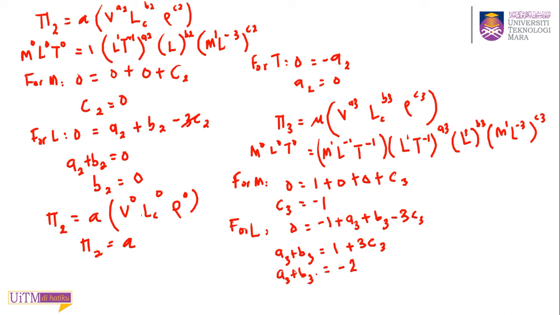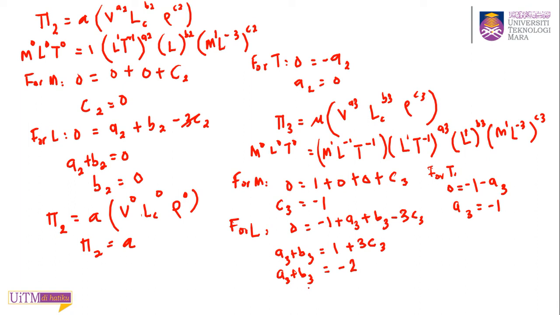Then do for T. For T, 0 equals minus 1 minus A3, and that's all. So A3 will be equal to minus 1.